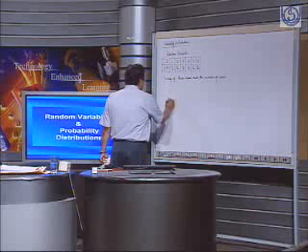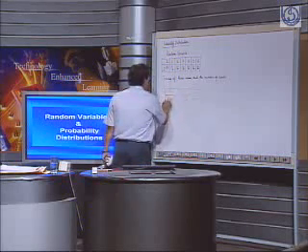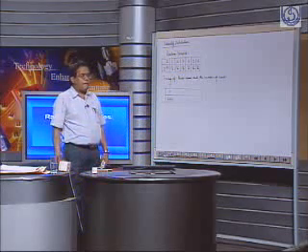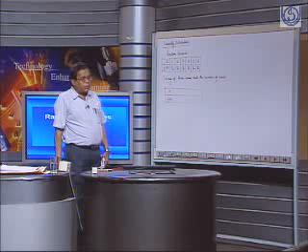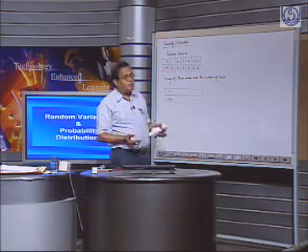X, fx. How many values of x are there? 12 values of x. Pardon? 8 values of x. Yes, sir, 8 values of x. What about 2, 3, sir? So what are those values of x? There are 8 outcomes, but what are the values of x?